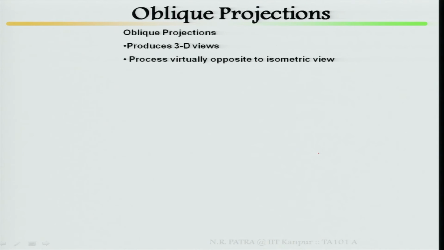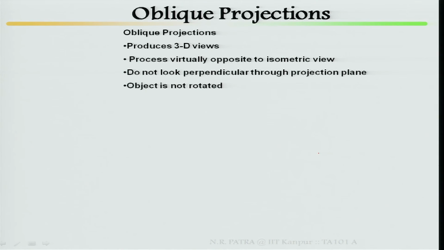Oblique projections produce 3D views. First point, the process is virtually opposite to isometric view. Do not look perpendicular through the object plane. The object is not rotated.